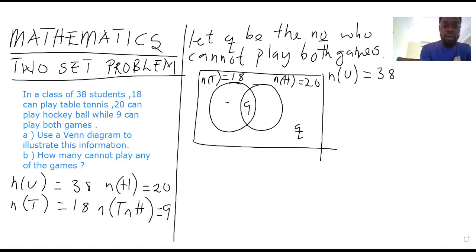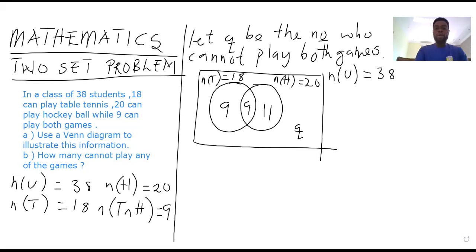That is 9, okay? We need those who play hockey only. Again, we subtract 9 from 20. That'll give us 11. That is those who play hockey only.